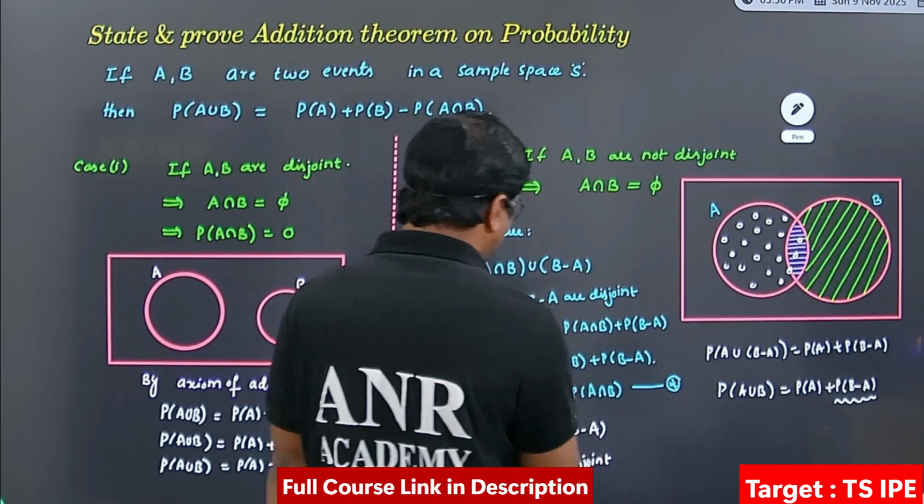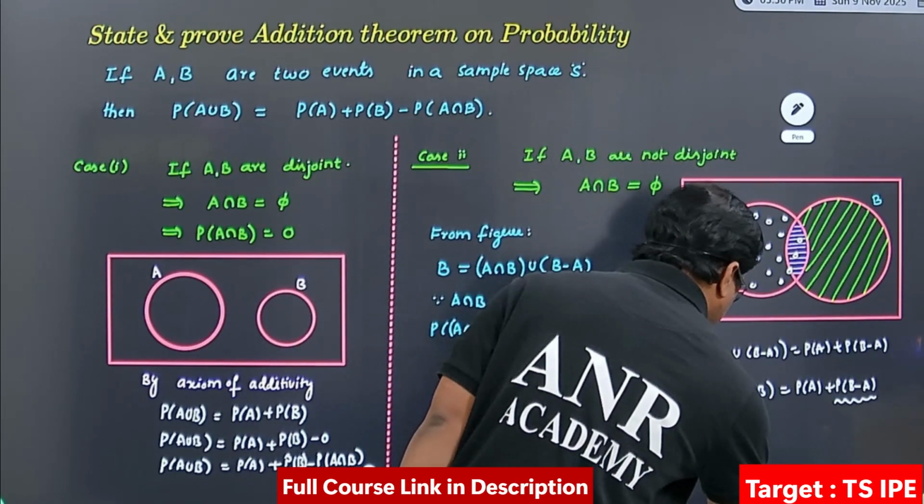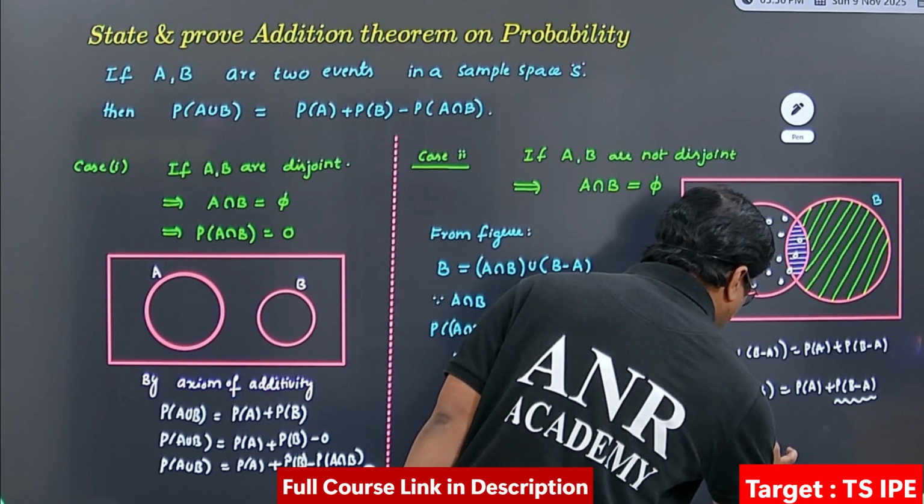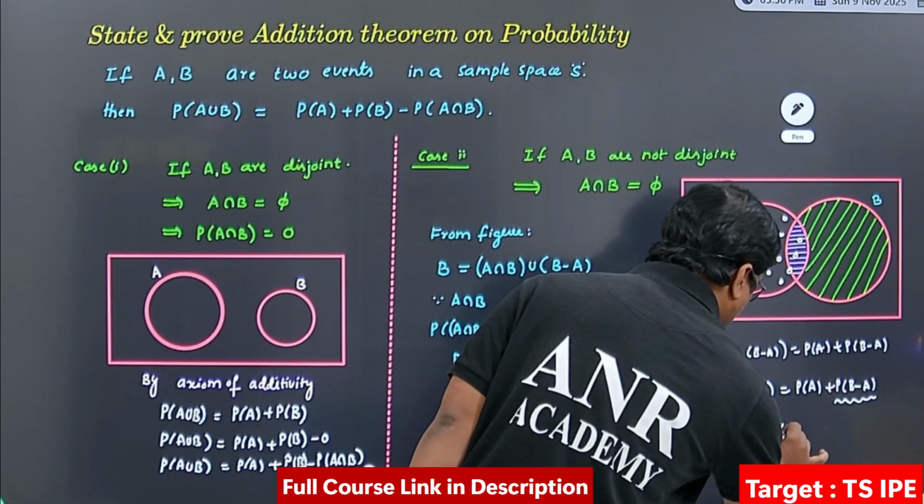From star, probability of B minus A you can replace. That is probability of A union B equal to P of A.